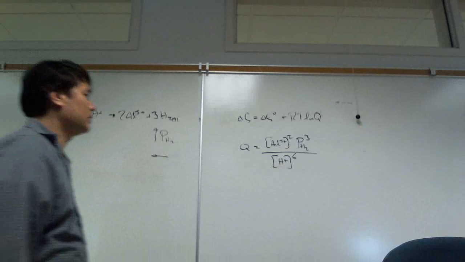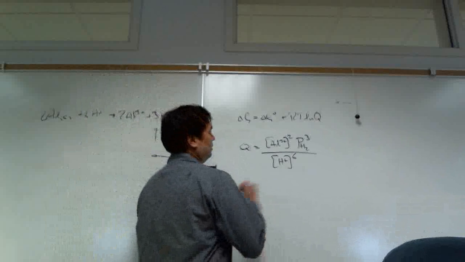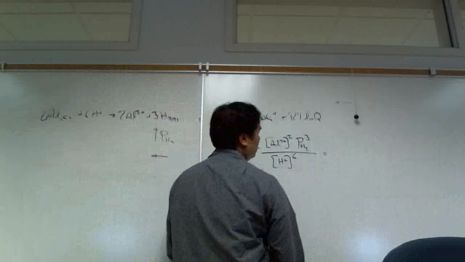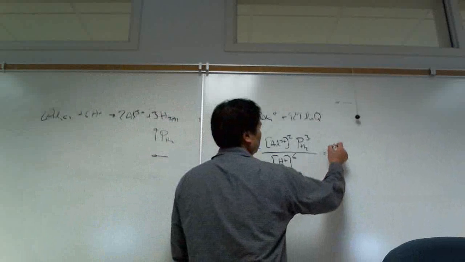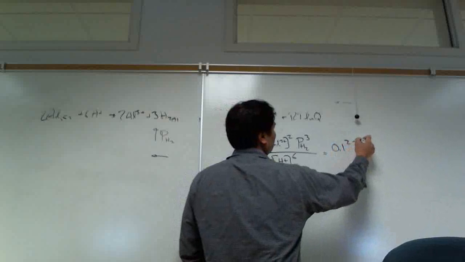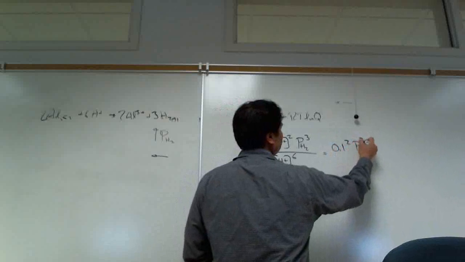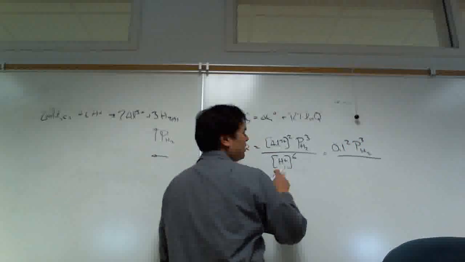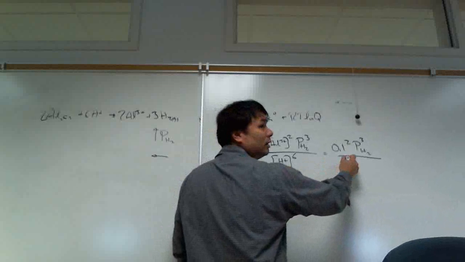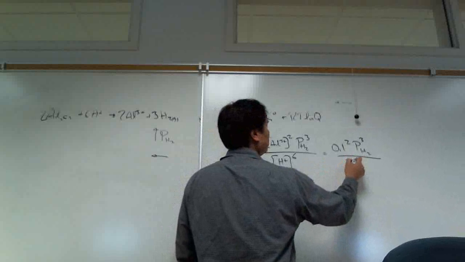I gave some concentrations, didn't I? What was the concentration of Al3 plus? 0.1, squared. Partial pressure of hydrogen I didn't give, it's cubed. And the concentration of H plus? 3 molar? 3 to the 6.